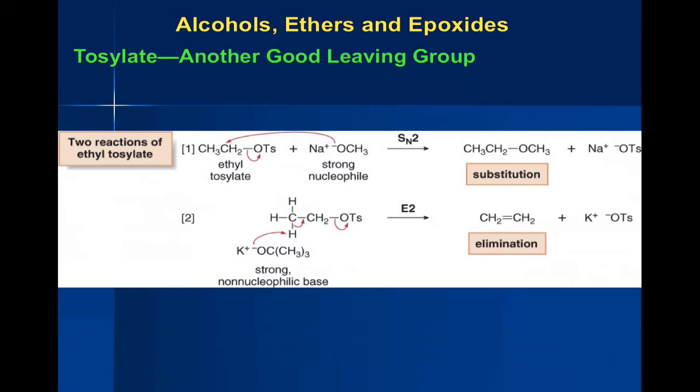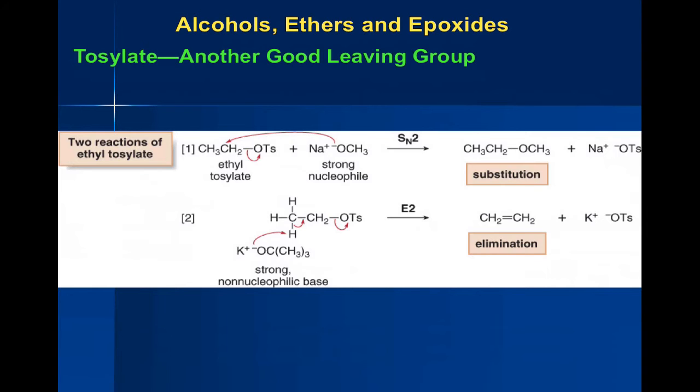So now you have a tosylate. That tosylate can function as a leaving group. So we can take, this is ethyl tosylate. We've got a strong nucleophile here, methoxide. We do an SN2 reaction. We just made an ether. This is not technically the Williamson ether synthesis, but it's very similar, right? The Williamson ether synthesis would be between an alkoxide and an alkyl halide.